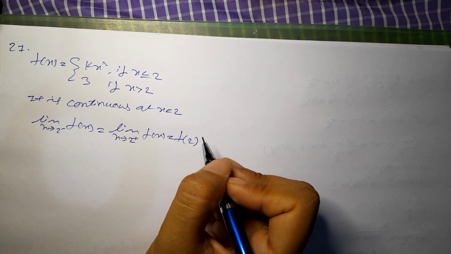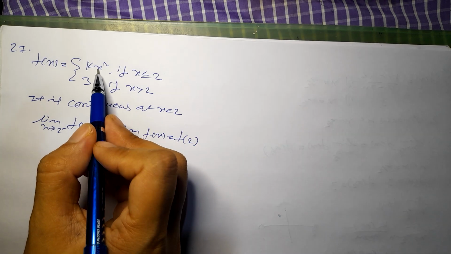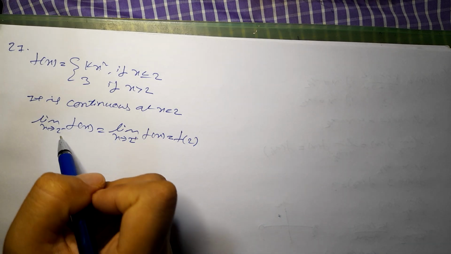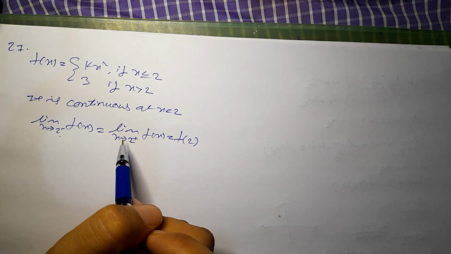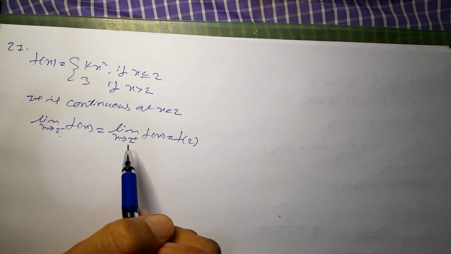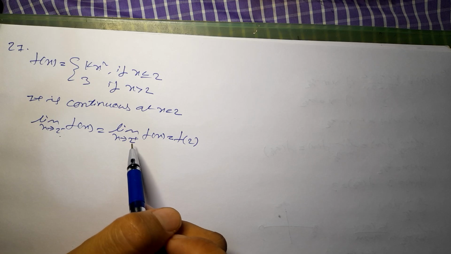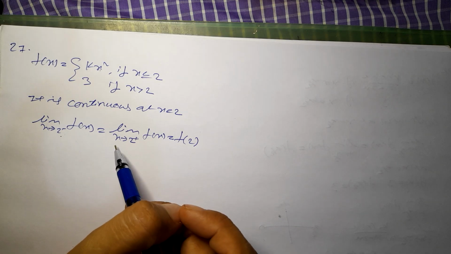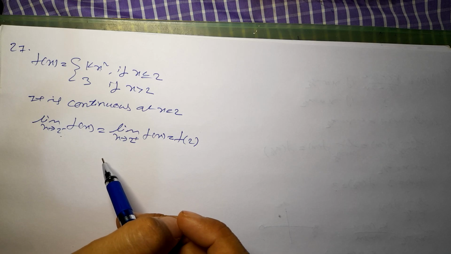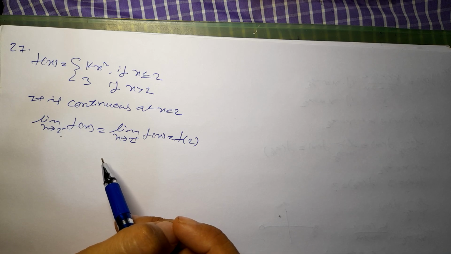From f of 2 we are going to get k. Here we have two limits, one is the left hand limit, one is the right hand limit. No need to find both limits, because if we find both the right hand limit and the left hand limit, we need only one, so it will be a waste of time. So find only one limit.